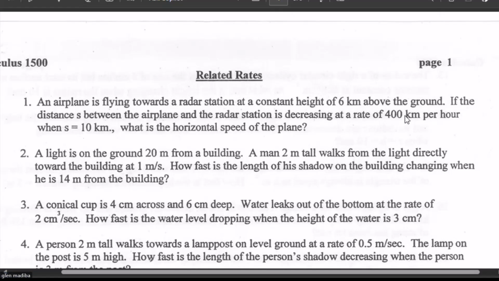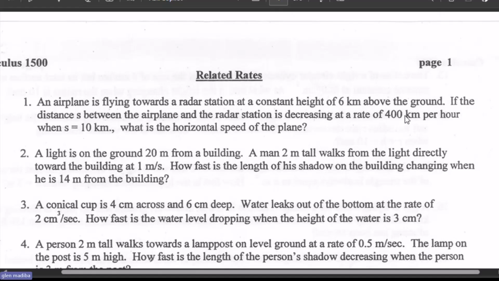Yes, sir. If y is the building, then we have this x-axis. Are we together? Yes, sir. This 20 meters is the distance from the light to the building on the x-axis.